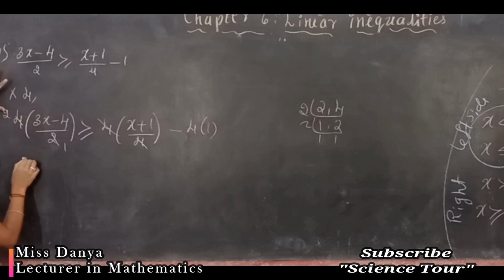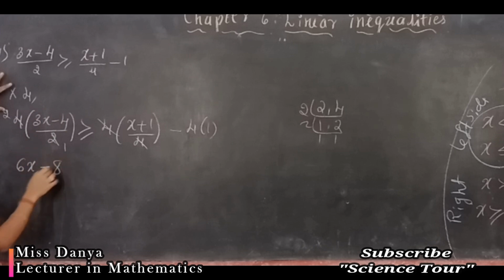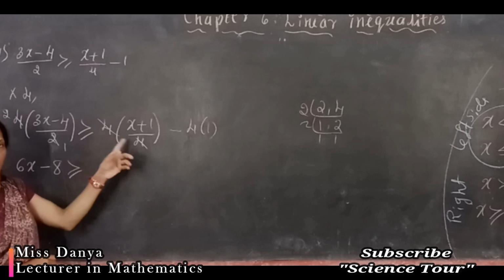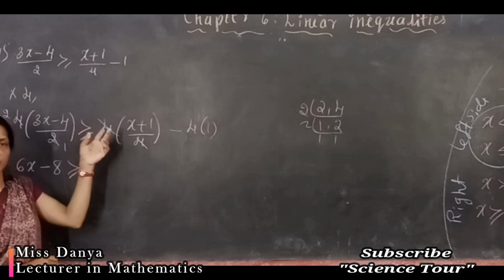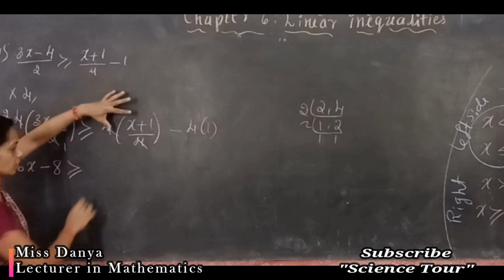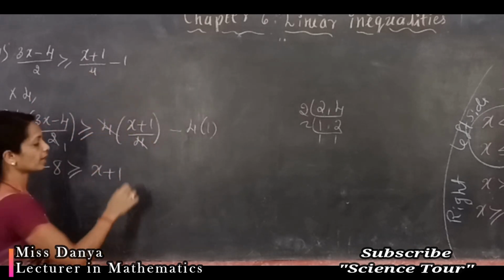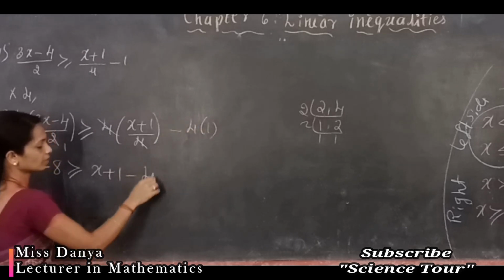2 into 3x that is 6x, 2 into minus 4 that is minus 8, greater than or equal to, here nothing is there. After cancelling, nothing is there means outside the bracket you have 1. 1 into anything is the same thing. So 1 into (x plus 1) is x plus 1 only. Now here minus 4 into 1 that is minus 4.